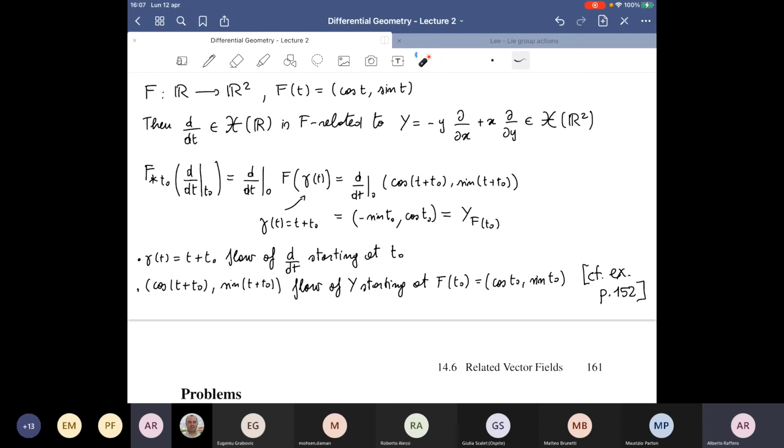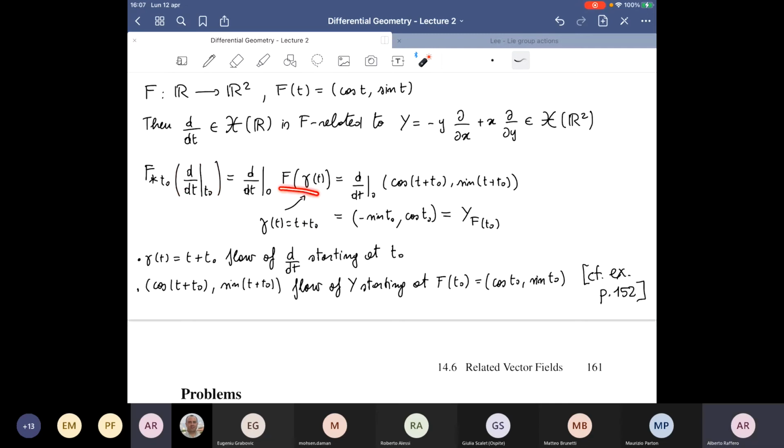Of course, here we are in R, and so we have a natural curve to consider, which is just t plus t0. This is a curve starting at t0 at time 0, whose tangent vector at time 0 is precisely this vector here.